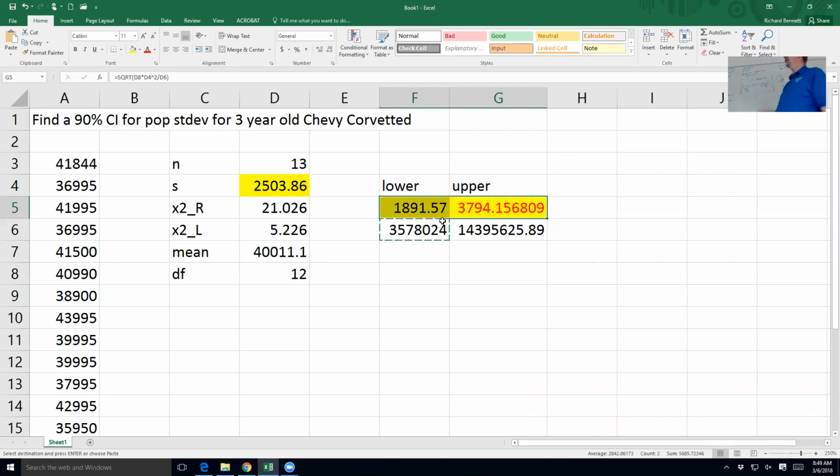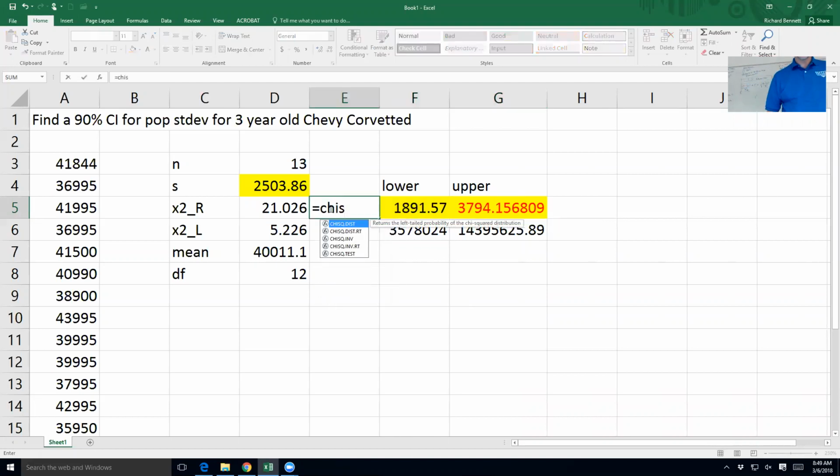Oh, by the way, I forgot to mention, how do you find these values if you're not looking at the chart? Equals chi-square, which one? Now look at this. We've got the left tail, the right tail, and inverse. Which one do you use? The inverse. If I'm doing the left tail, how much do I want in the left tail? 0.05 with 12 degrees of freedom.